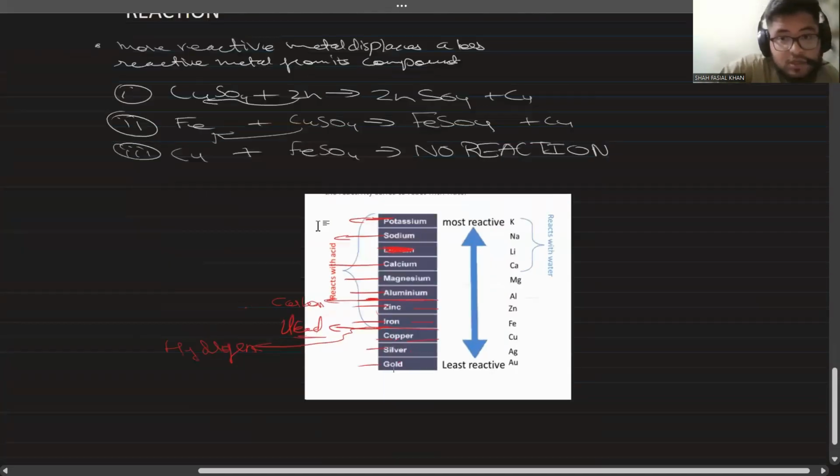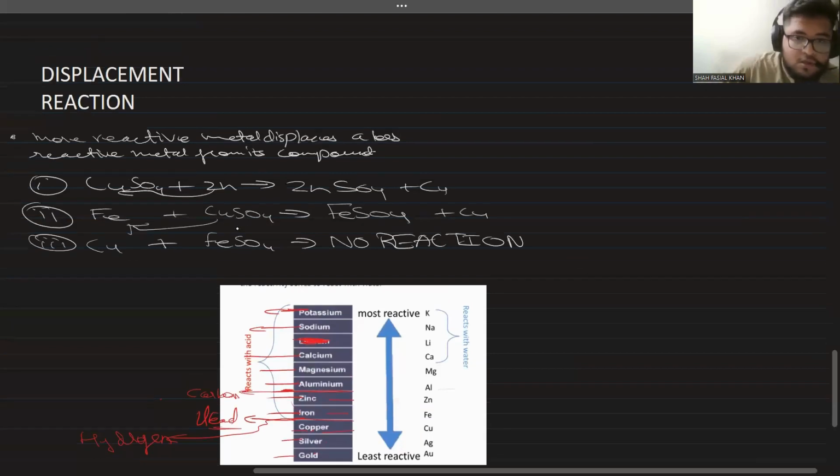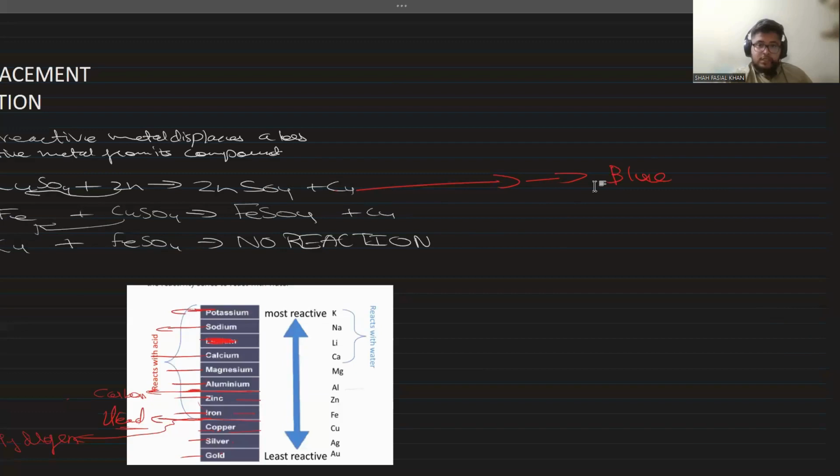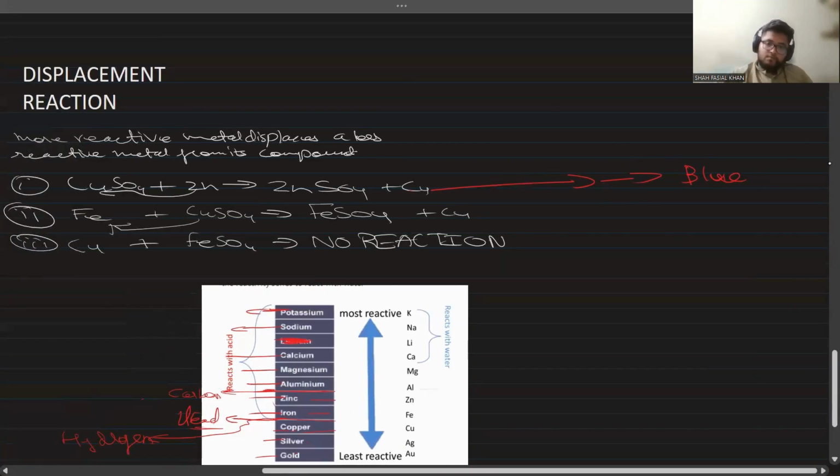So we are talking about the observation of this first chemical reaction. What do we observe? Before the reaction, this liquid was blue. Why was it blue? It is blue because of copper sulfate.